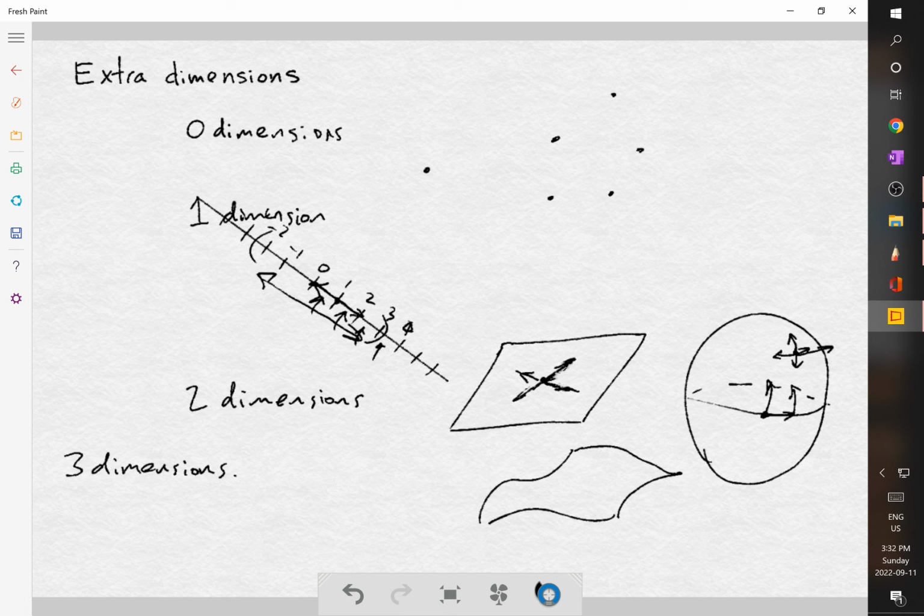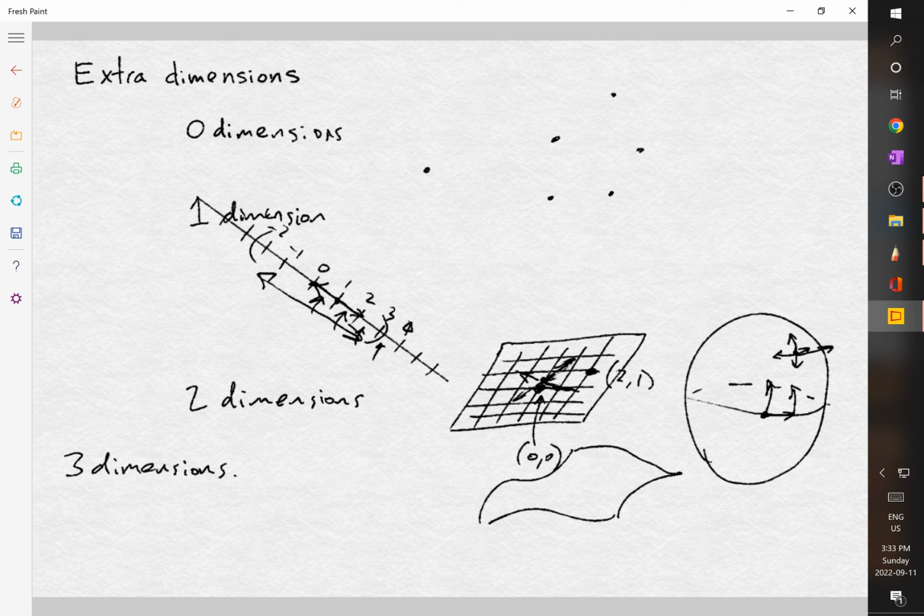Similarly, for my two-dimensional space, I could describe all of the points in the vicinity of my original point by using a two-dimensional grid. So by using a pair of numbers, I could say start with this point, call it 0, 0, draw the two-dimensional grid, and I could then take any point like this one here, and I could label that point by a pair of numbers. 2 for going 2 steps this way, and then 1 for going 1 step that way.